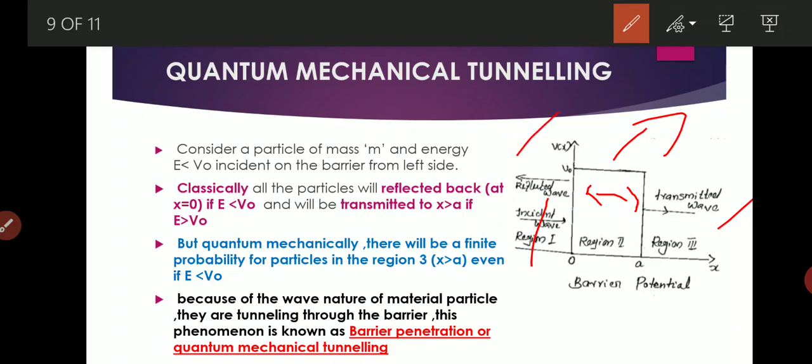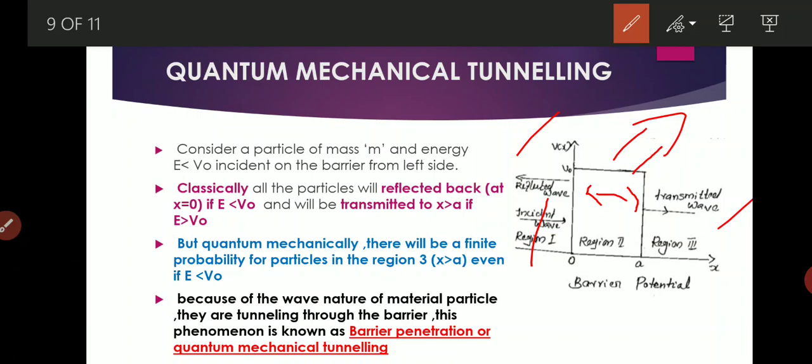So in the first case, the Schrödinger wave equation is ∂²psi1/∂x² + (2m/ħ²) E psi1 = 0. And in the second case, ∂²psi2/∂x² + (2m/ħ²)(E - V0) psi2 = 0.